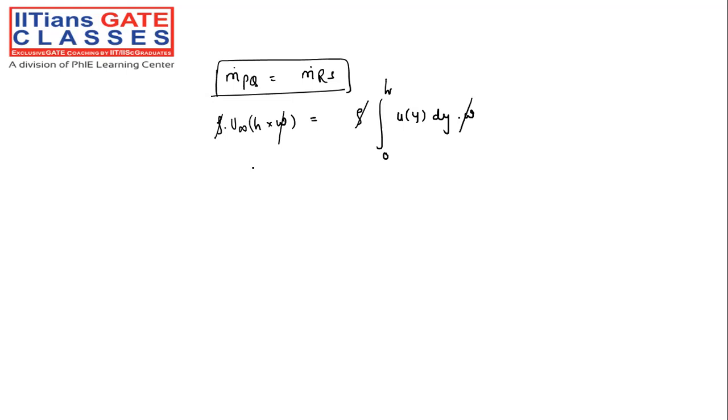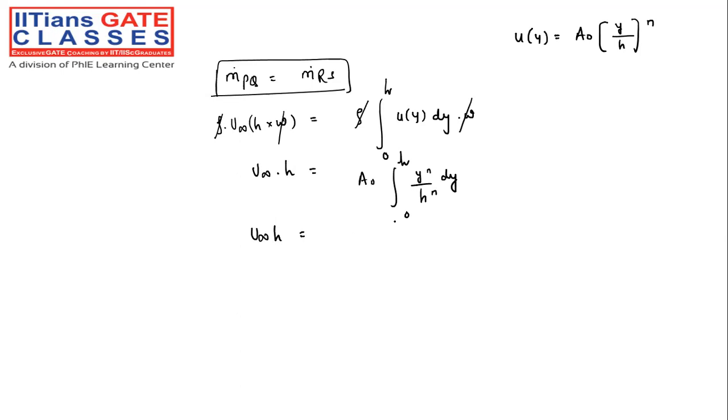This will also cancel out. So U infinity into H must be equal to the integral of U of Y, which in terms of A naught is (Y by H) to the power N. So we are going to put that into the integration: Y by H to the power N dy from 0 to H.